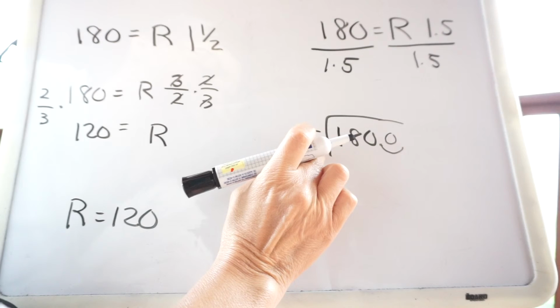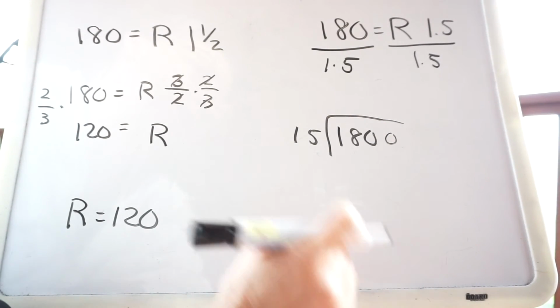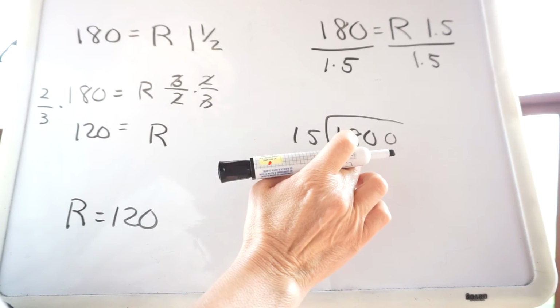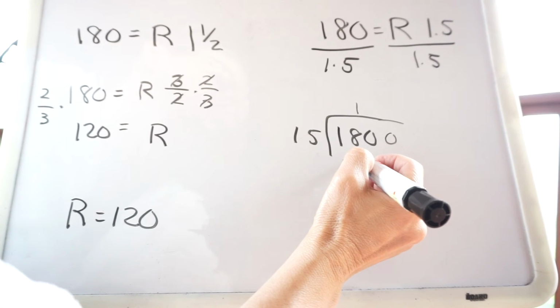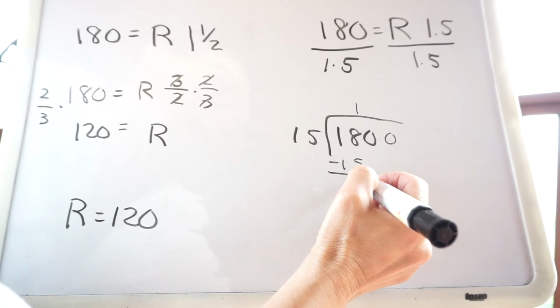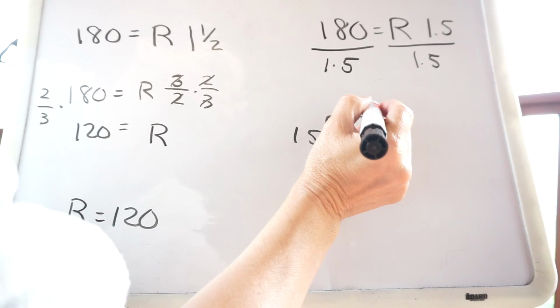So now we have 15 goes into 1,800. 15 goes into 18 one time. We multiply. We subtract. We bring down. 15 goes into 30 two times.